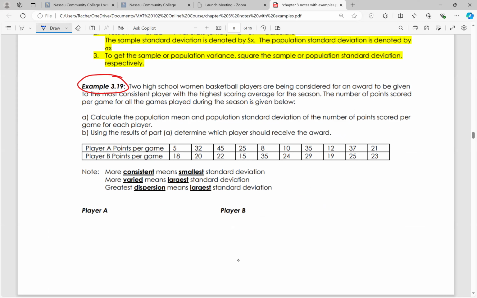The number of points scored per game for all the games played during the season is given below. So calculate the population mean and the population standard deviation of the number of points scored per game for each player, and then use the results from part A to determine which player should receive the award.